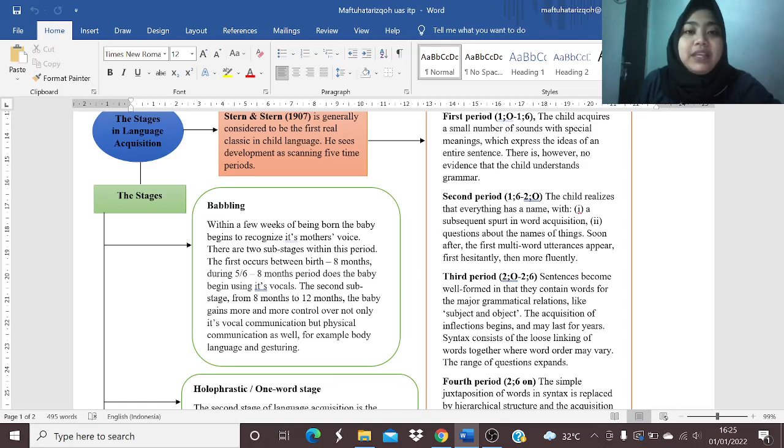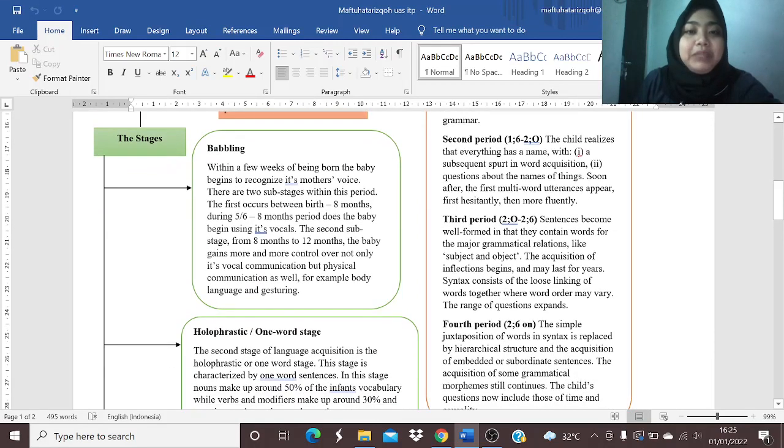The first is babbling. Within a few weeks of being born, the baby begins to recognize its mother's voice. There are two substages within this period. The first occurs from birth to 8 months.